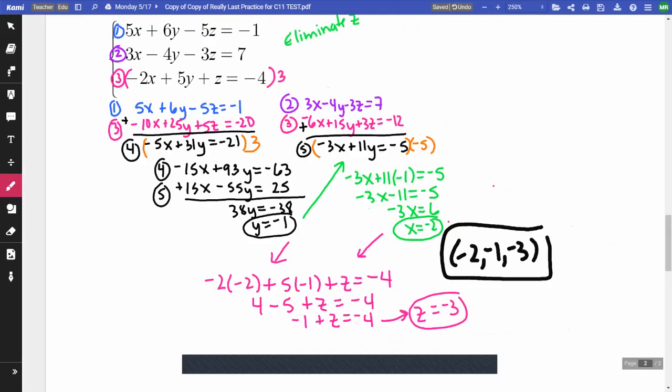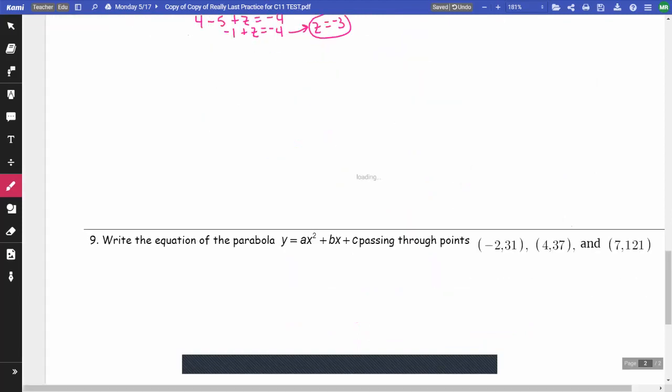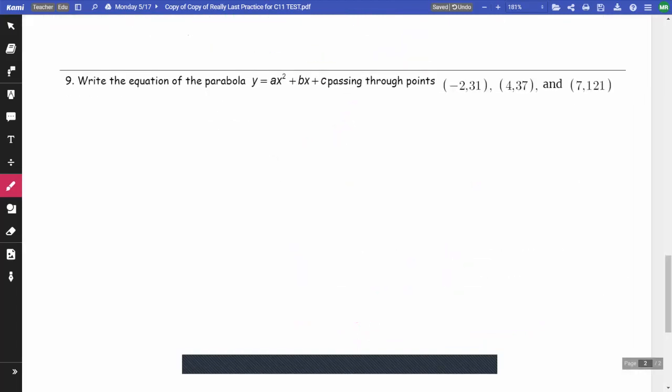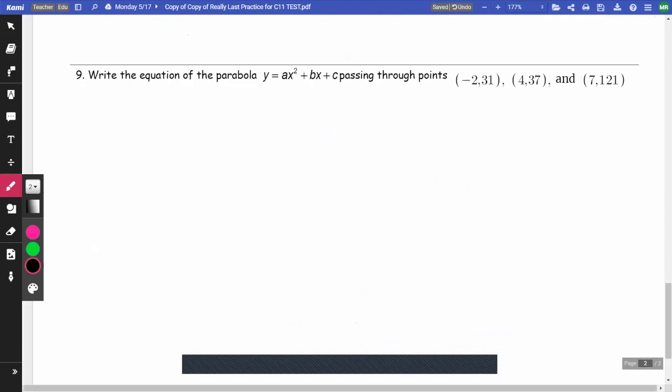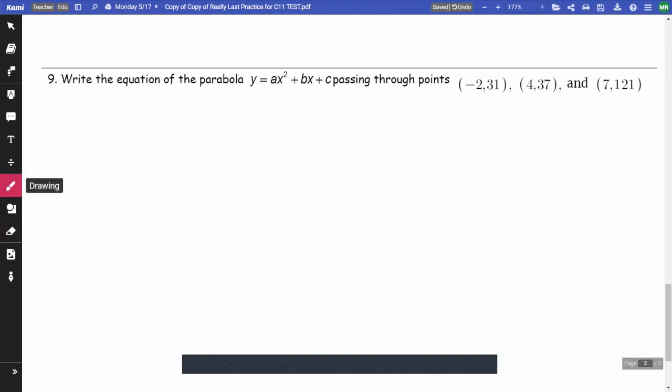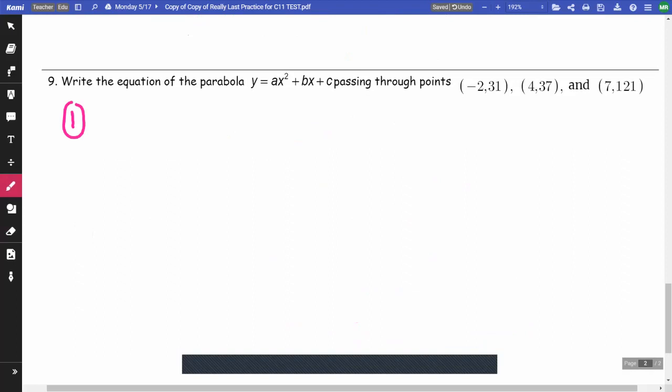Okay, on the last one, a parabola passing through these points. So let's say equation 1 is going to be negative 2, comma, 31.